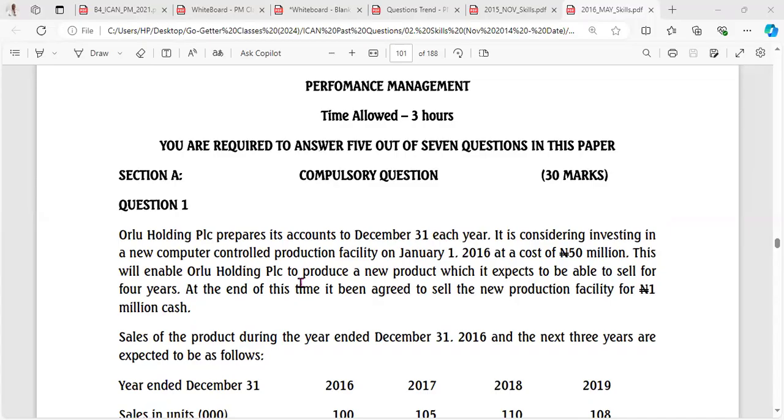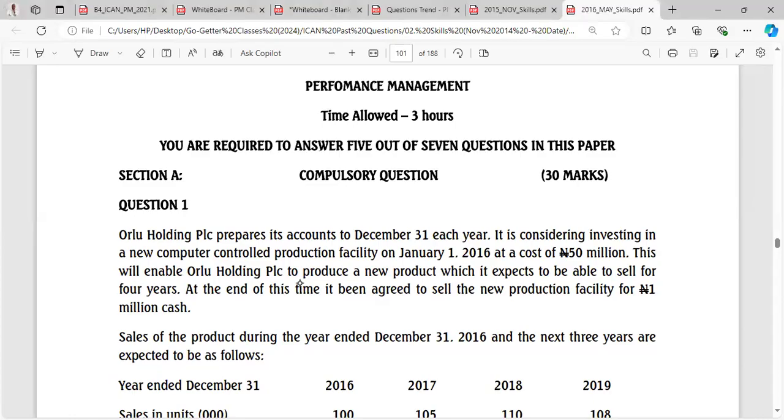It is considering investing in a new computer-controlled production facility on January 1, 2016 at a cost of 50 million naira. Now, what we notice here is January 1, 2016 is our now.